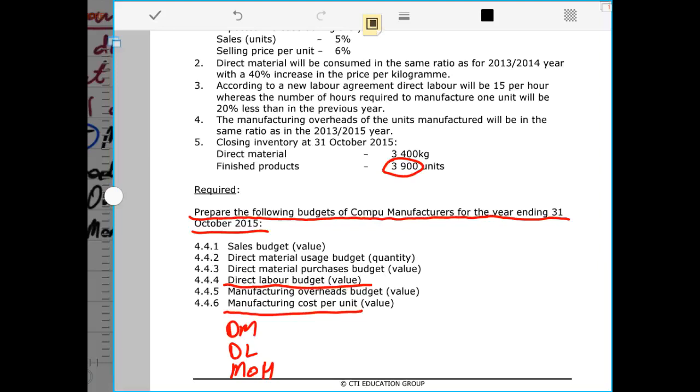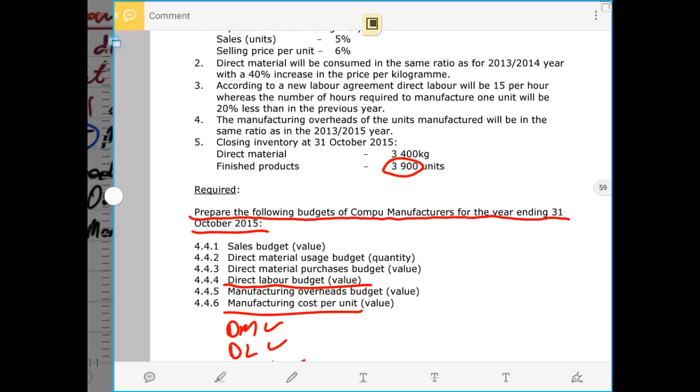Even if you are doing a manufacturing cost per unit budget, it still does not change the fact that we need the element of direct material, direct labor, and manufacturing overheads. All three elements are very critical. So we need the full manufacturing cost, but it must be per unit.